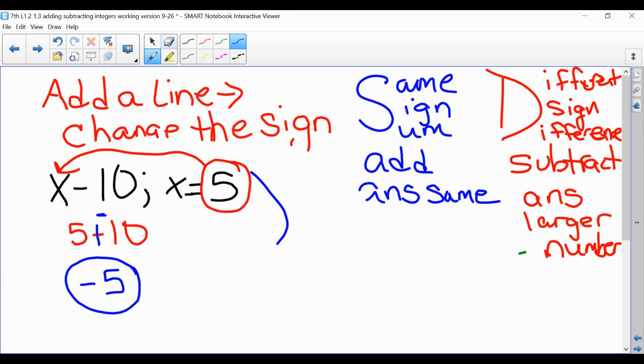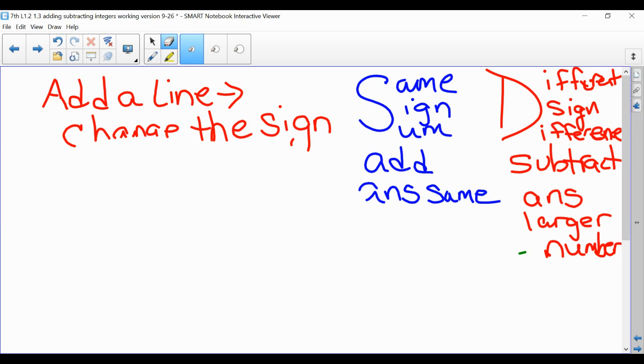Or we could have one that looks like x minus 2, and x could be negative.